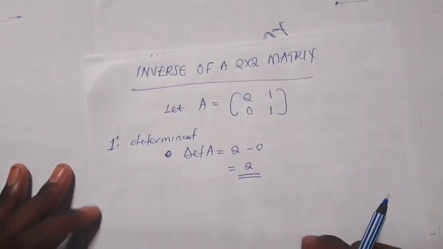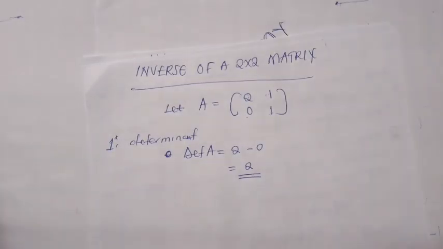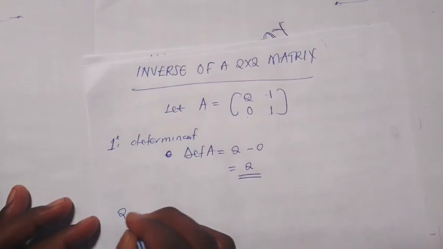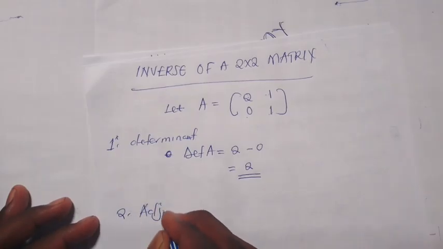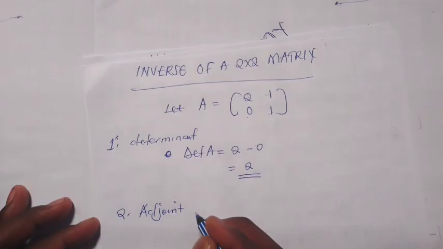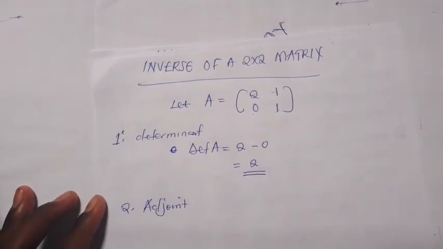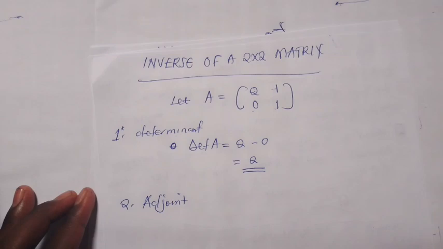Then what's next is to find the adjoint. How do we find the adjoint? For the adjoint, we interchange the elements in the major diagonal. What do we mean by interchanging?